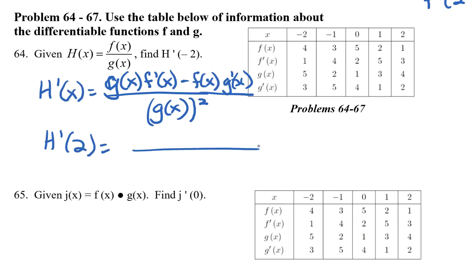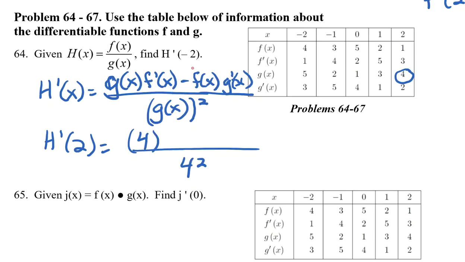So let's read carefully. We want g of 2, so g of positive 2 is 4. So that's going to go in both of these positions. And then we want f prime of -2, f prime of -2.